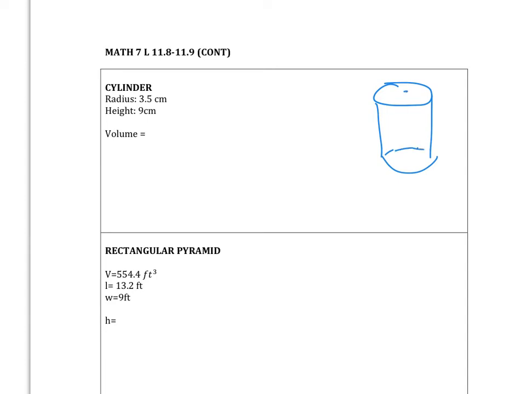The radius says 3.5, so that's 3.5 centimeters is our radius. And then our height is 9 centimeters, and we want to find the volume. So our formula is volume equals the area of the base times the height. The area of the base is a circle, so it is going to be pi r squared times the height.